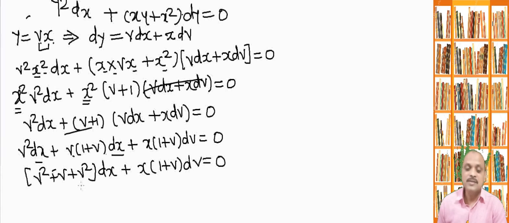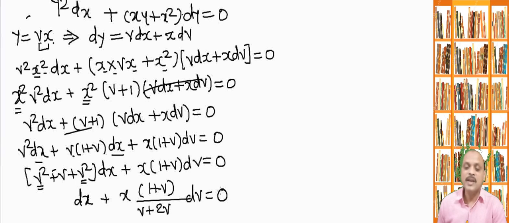When we divide we get dx by x plus 1 plus v into dv divided by v plus v square and v square, 2v square.